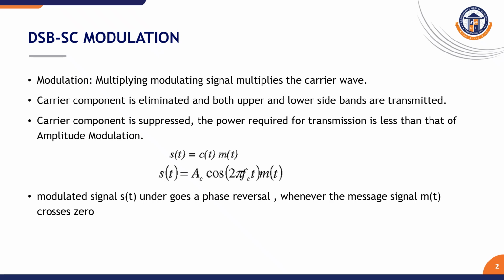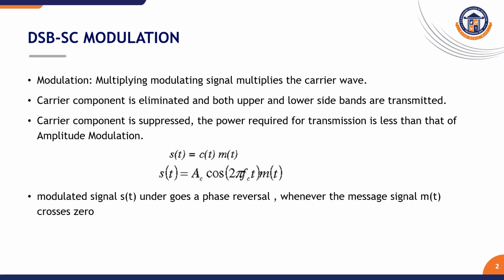By this concept, the specialty of DSBSC modulation is that the carrier component is suppressed. The power requirement for transmission is less than that of general amplitude modulation. That is one of the major features of DSBSC modulation. The power required for transmission is less compared to amplitude modulation.